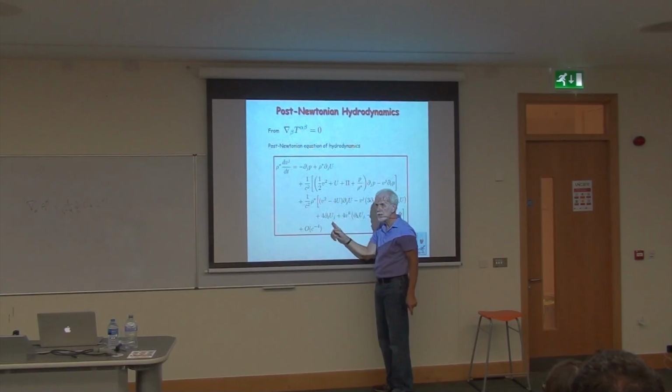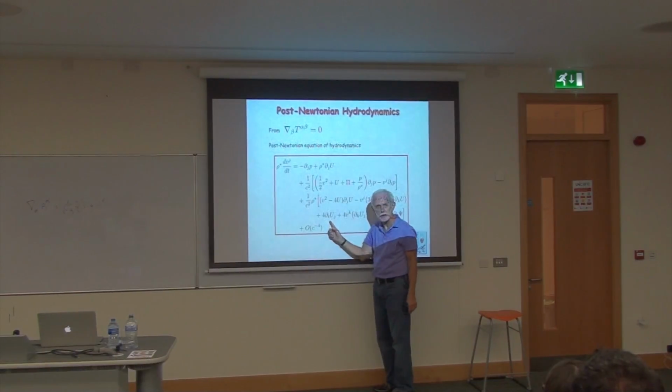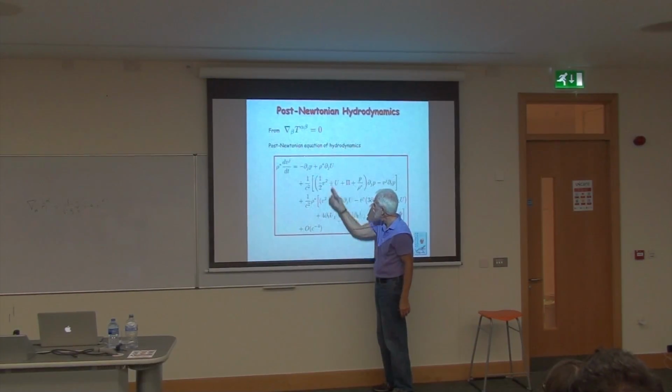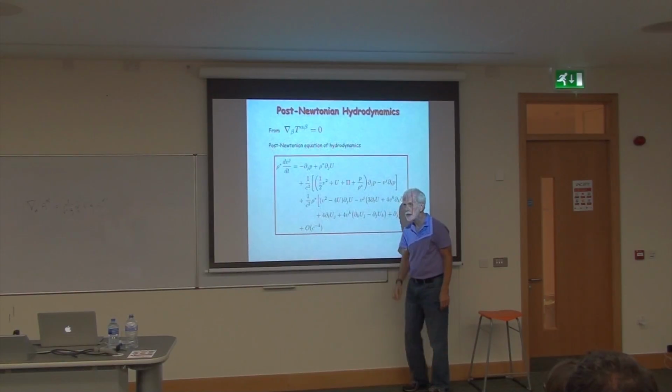So that's like a gravito-electric field, if you think about how electrodynamics works. Remember, the E field is the gradient of phi plus A dot. So this looks like a gravito-electric field, the gradient of phi plus V cross B.